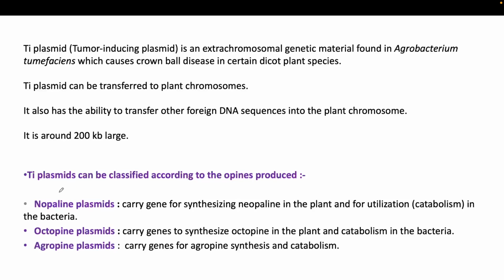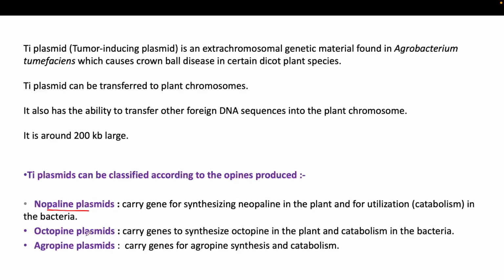The Ti plasmid is classified according to the opine it produces. Opine is a nitrogen and energy source for the Agrobacterium tumefaciens bacteria. If it produces nopaline, the plasmid is called a nopaline plasmid.